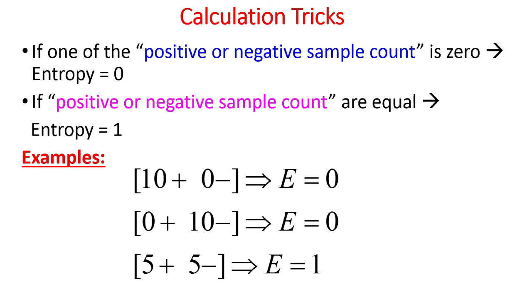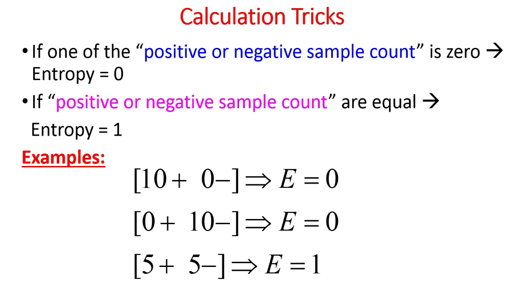For example, consider there are 10 samples, out of them 10 are positive and 0 are negative, then entropy becomes 0. If 0 samples are positive and 10 samples are negative, then entropy is again 0. This shows that if either the positive or negative sample count is 0, then the entropy value becomes 0.